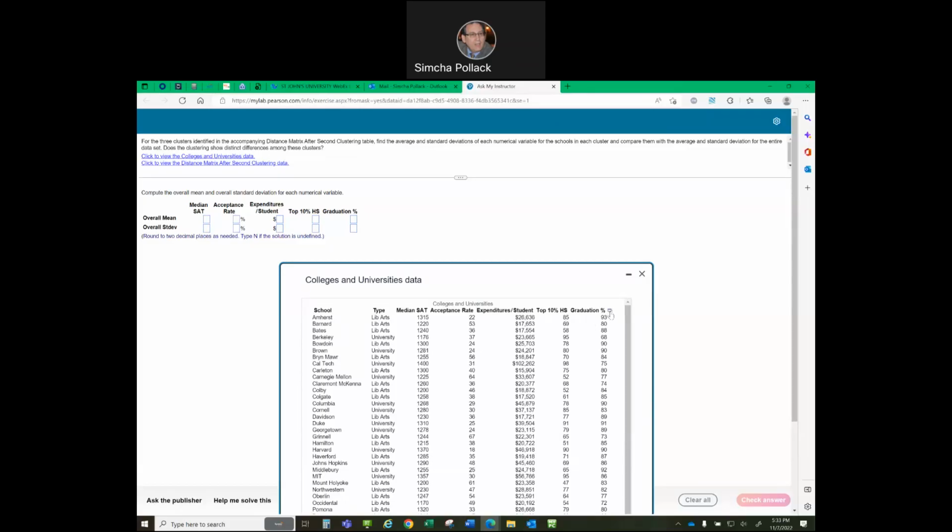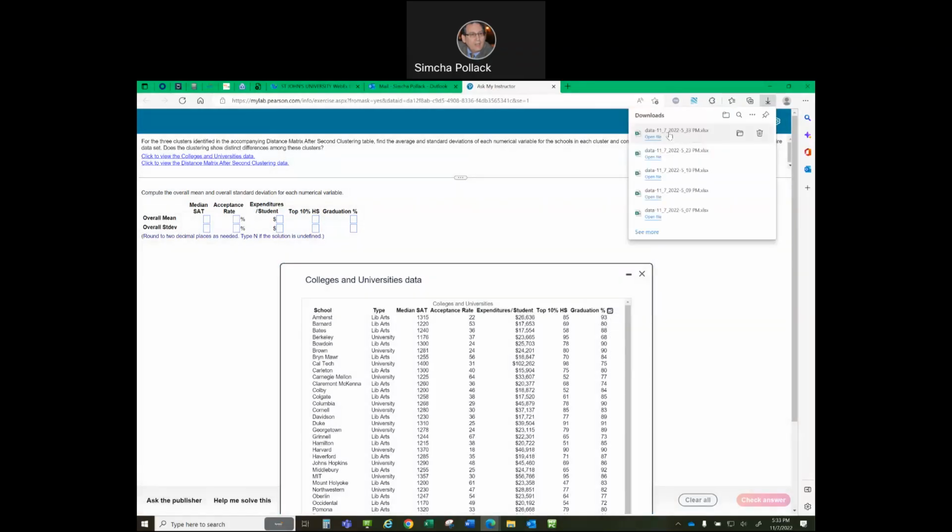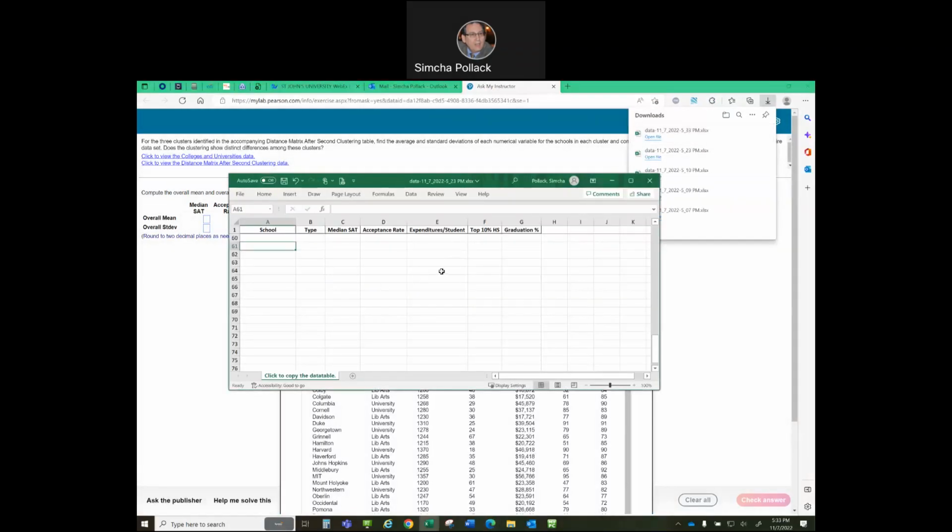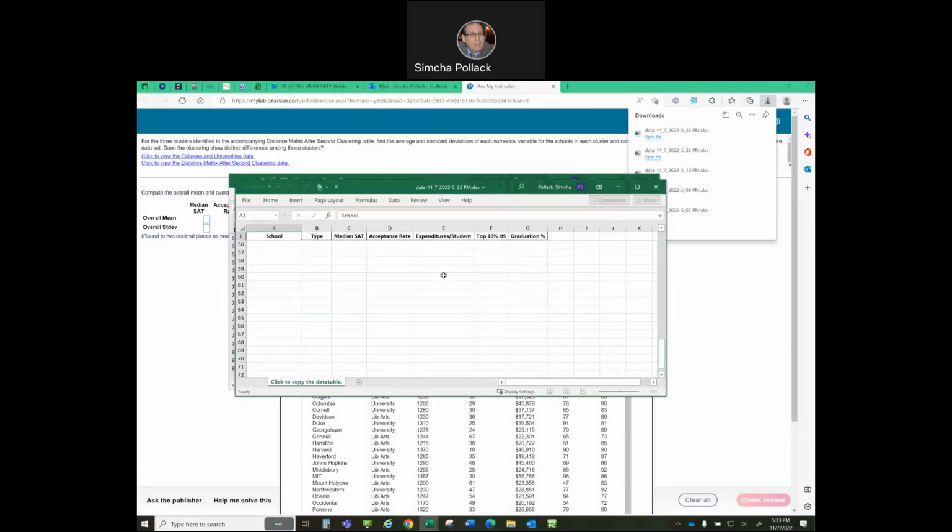So let's move it into Excel. And the first step is to calculate the mean and standard deviation of each of the 5 variables.